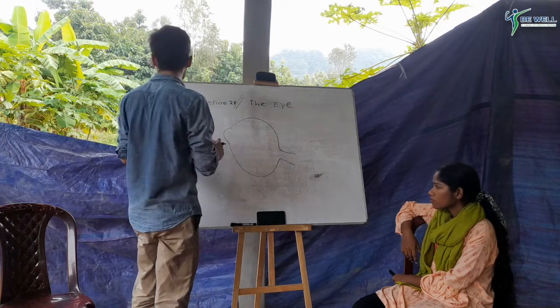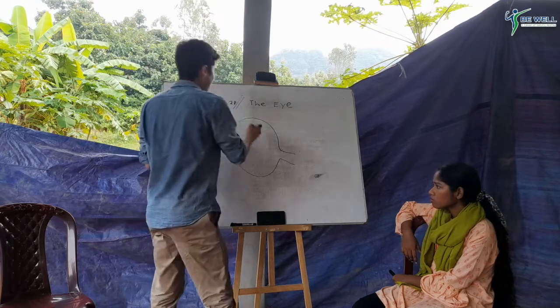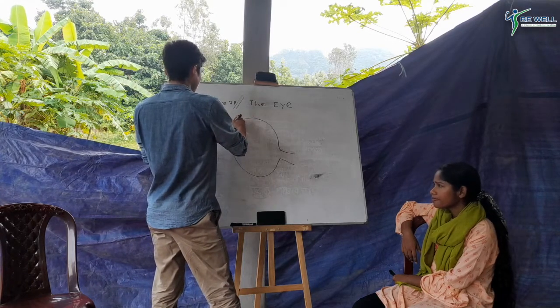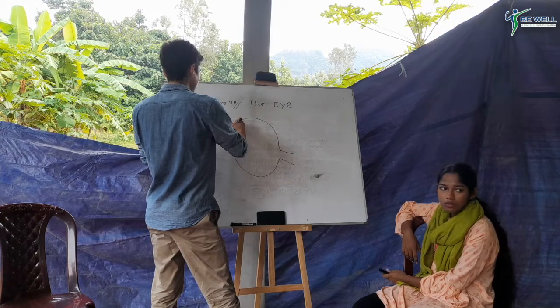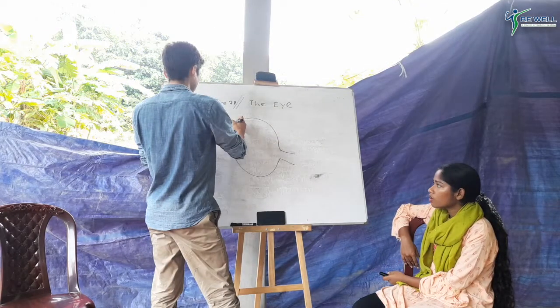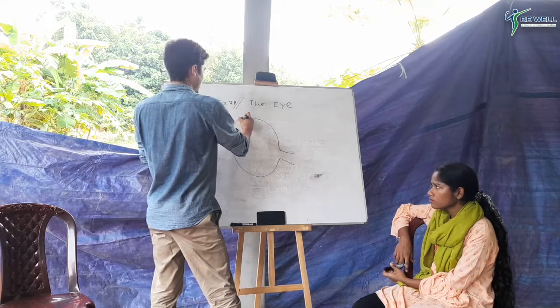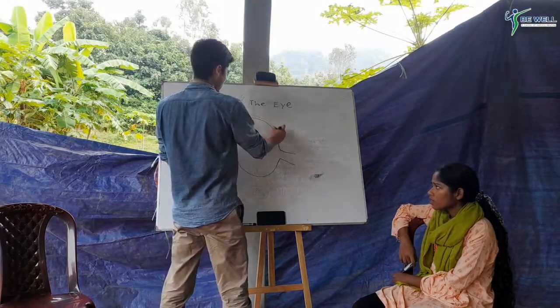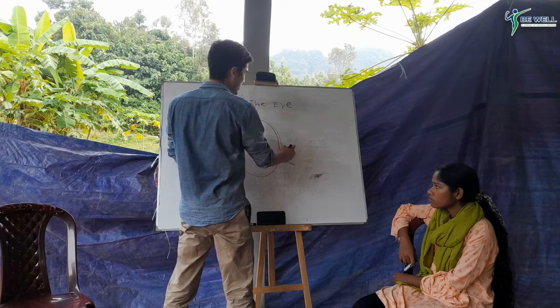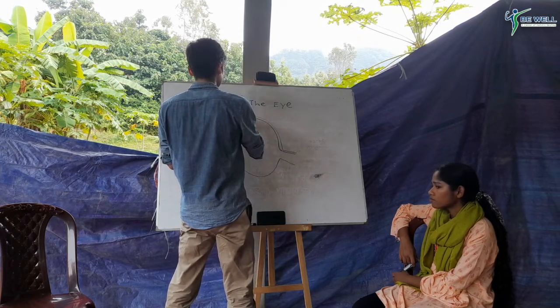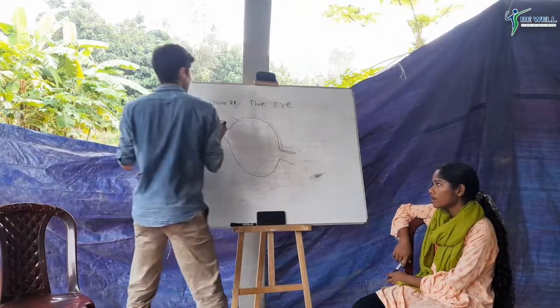That's good enough, I suppose. On the outside of the eye, you have a number of different layers. I'm going to draw the outside layer first. This outside layer is called the sclera.